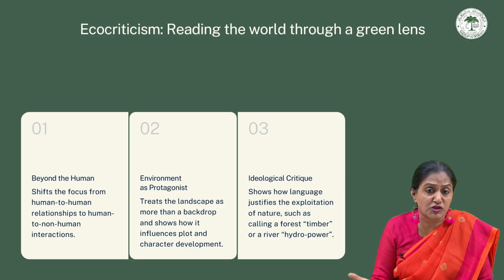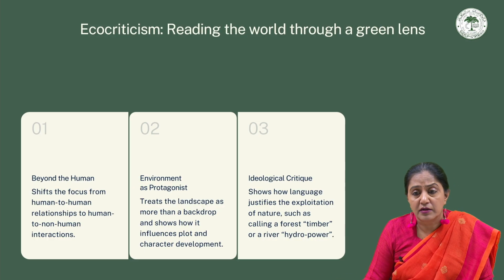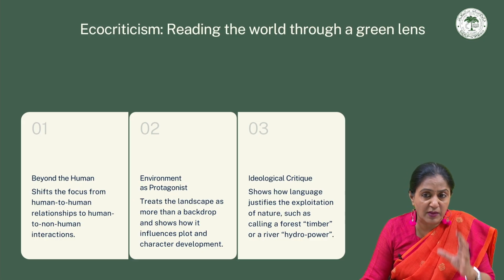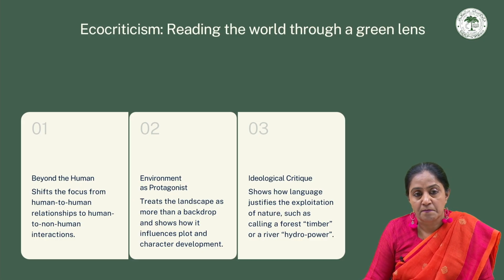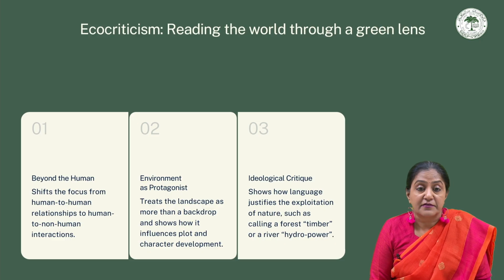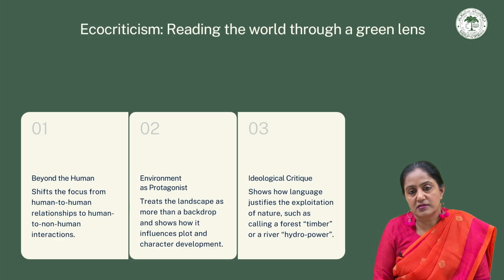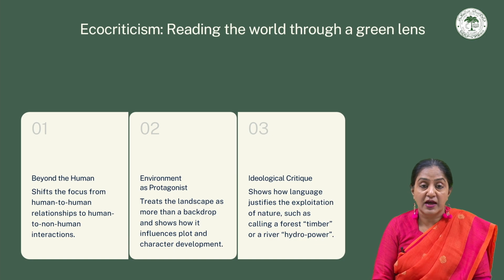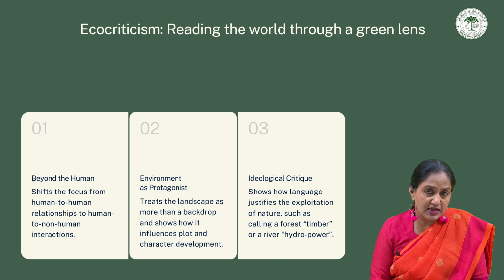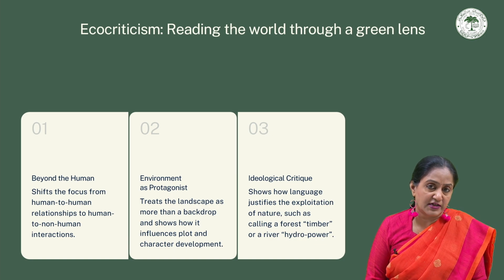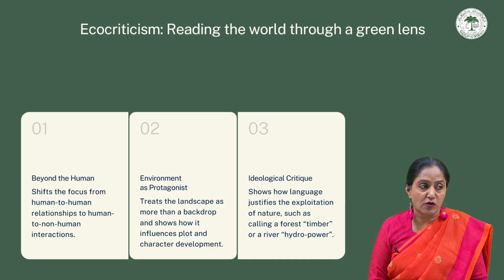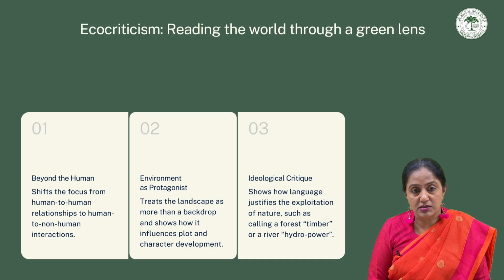So for much of literary history, critical attention focused primarily on human relationships. Literary critics analyzed class, gender, race, nationalism, colonialism, and psychology. So these are some more dominant traits that we see in the interpretation of literature around us.